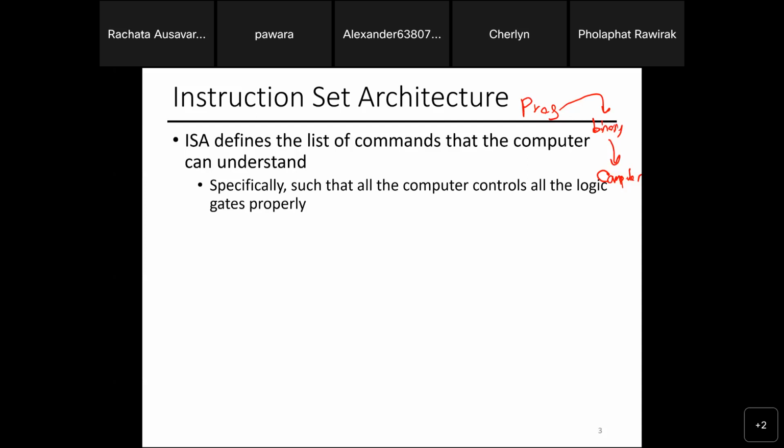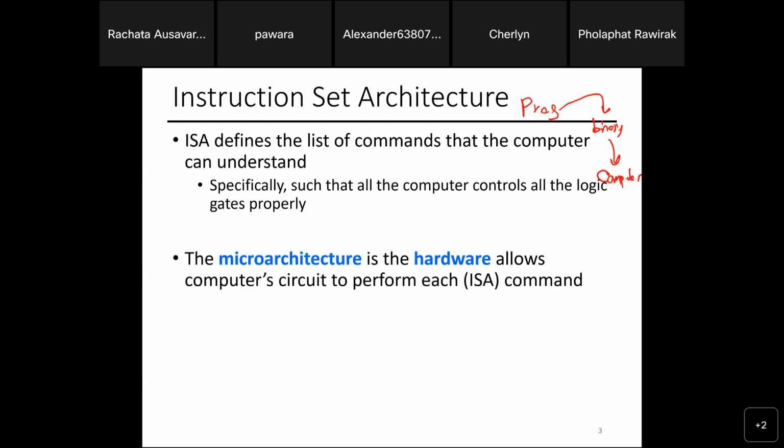All right. Now, sometimes you might see this word as well called microarchitecture. Microarchitecture is basically the design of the hardware that implements the ISA. It's the design that would implement how do I actually finish the command given the ISA.